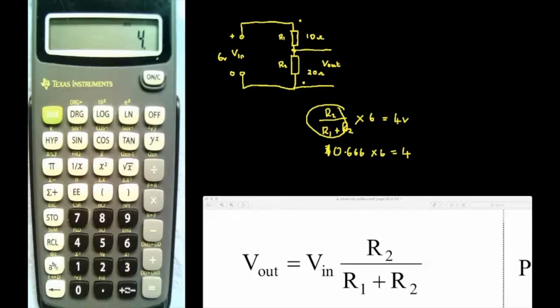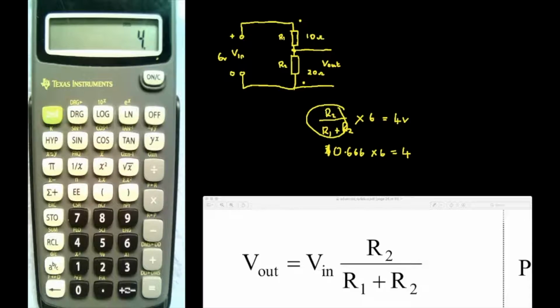So that's the potential divider. Don't worry if you haven't come across it, but try and understand the keystrokes for using the calculator to evaluate that equation with those values.